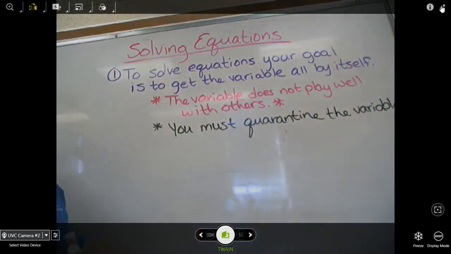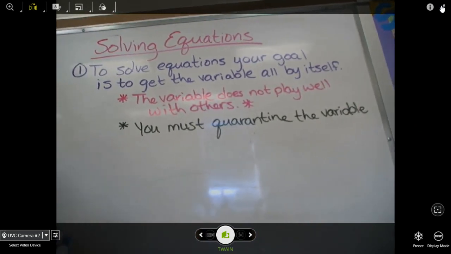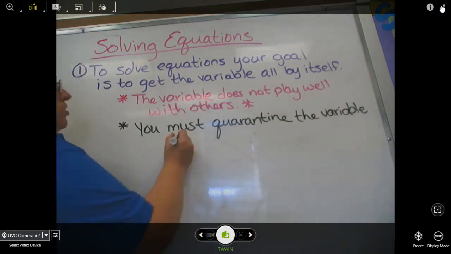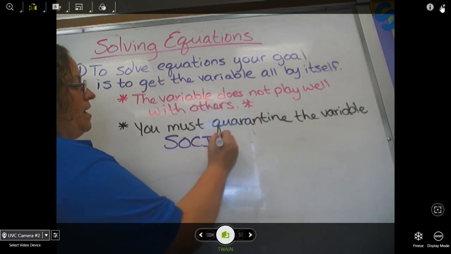Okay, we are quarantining the variable. It has to be quarantined, plain and simple. Can't be with anybody else. It has to have social distancing.